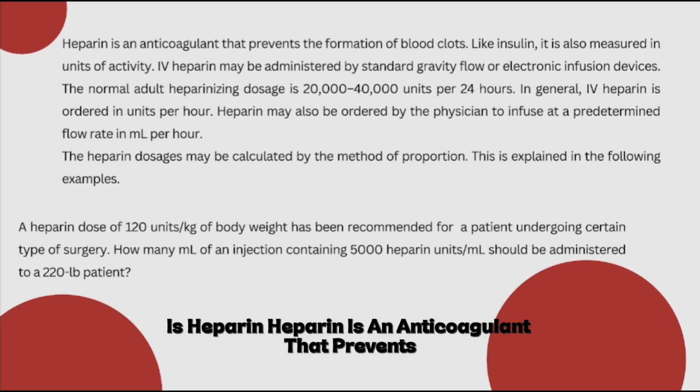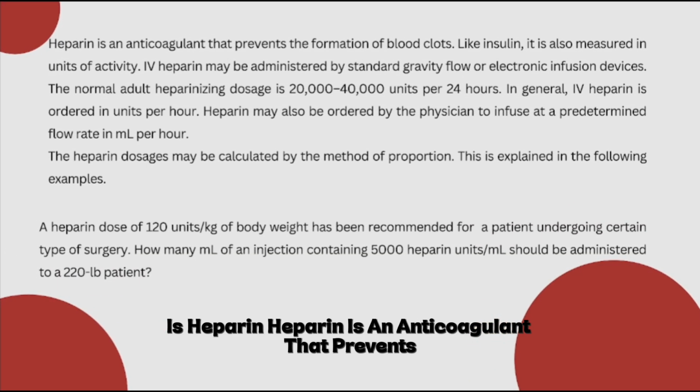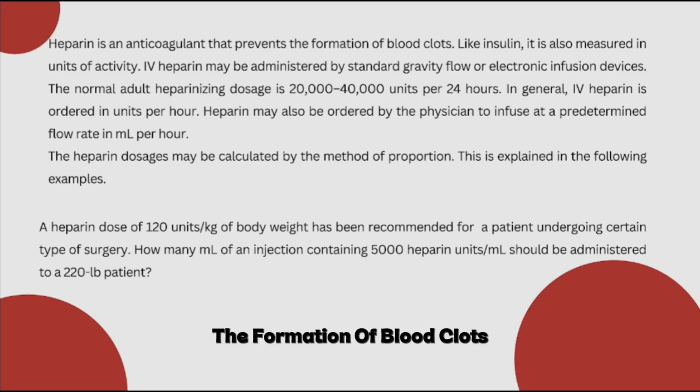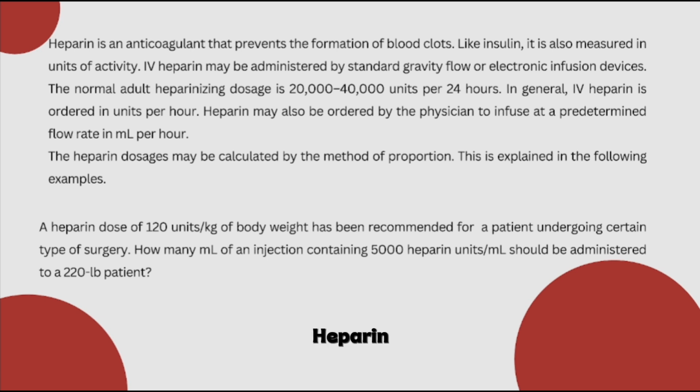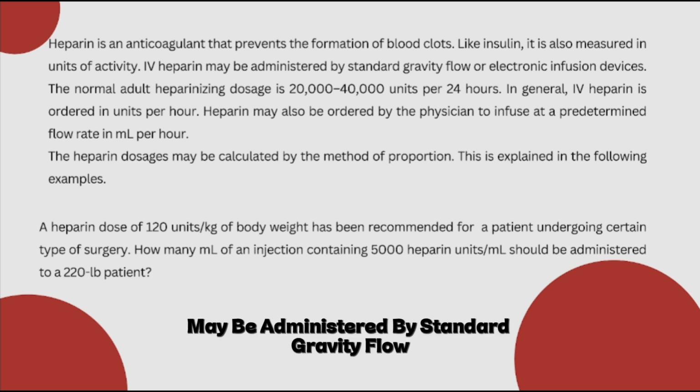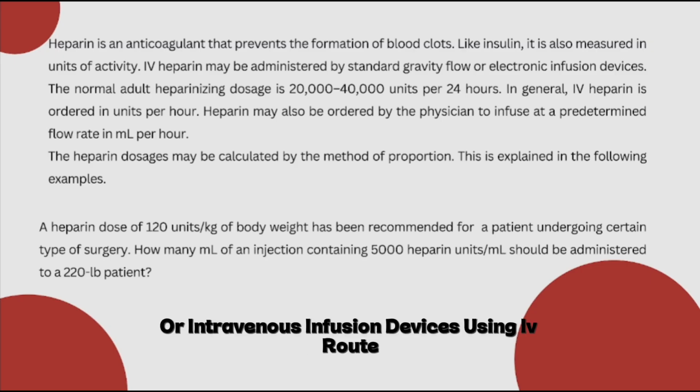What is heparin? Heparin is an anticoagulant that prevents the formation of blood clots. Like insulin, it is also measured in units of activity. Heparin may be administered by standard gravity flow or infusion devices using the IV route.